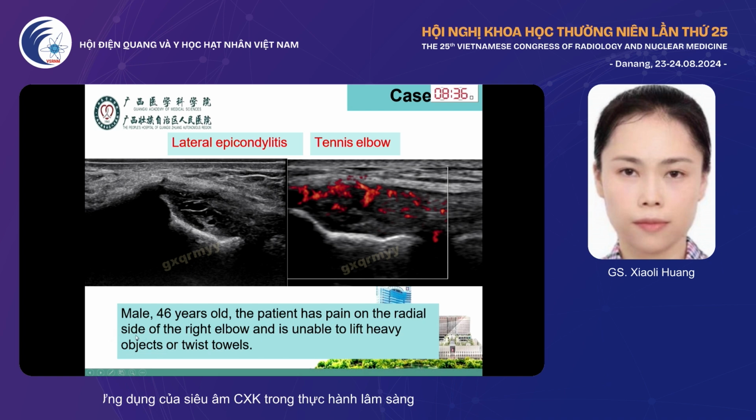The left image is the long axis of the patient's common extensor tendon, showing tendon swelling, reduced echo, and multiple irregular anechoic areas within the tendon. The right image shows the tendon filled with blood flow signals. It is not difficult to diagnose this condition as lateral epicondylitis, or tennis elbow.